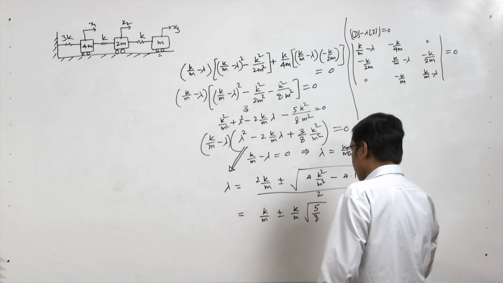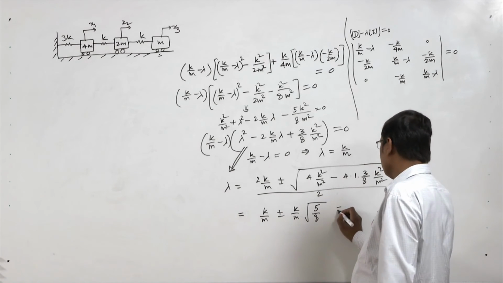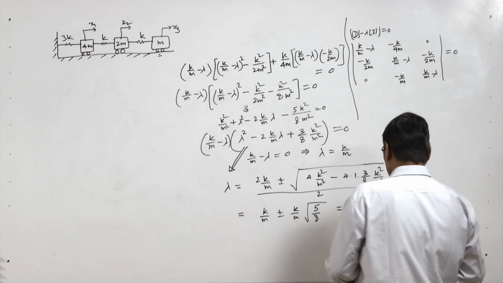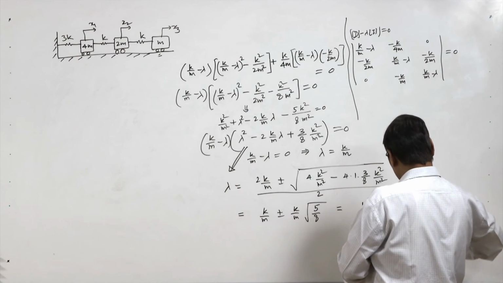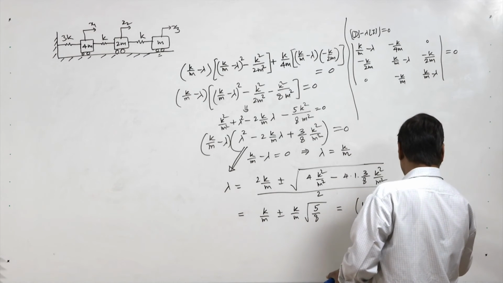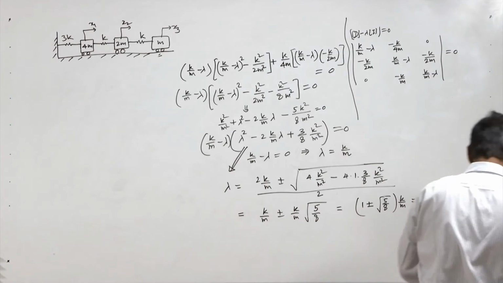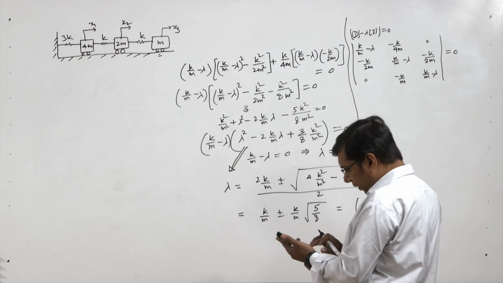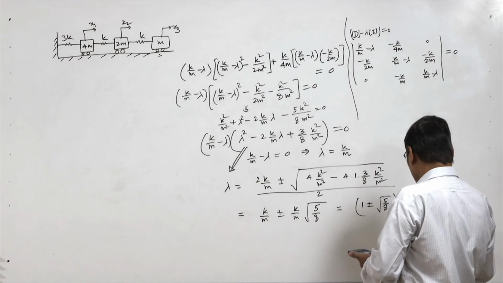So this is equal to 1 plus minus root 5 by 8 k by m, and root 5 by 8 is 0.791.